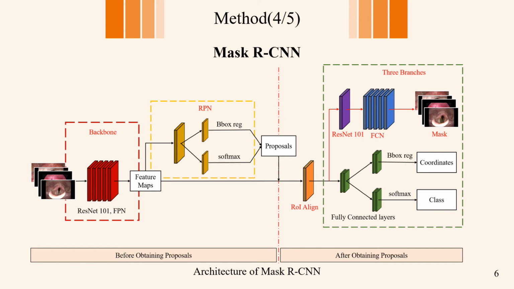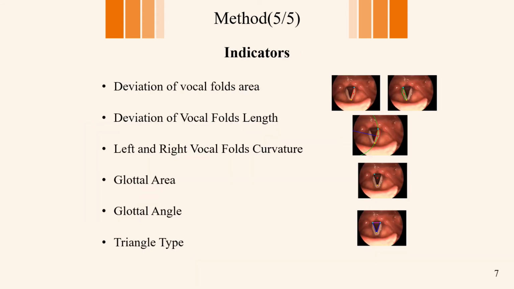In the next step, the proposals will go through the fully connected layer to perform classification and coordinate adjustment. Eventually, the MAX-RCNN model will output the object with its class and coordinates. As for segmenting and labeling vocal folds and glottal regions, it is required to use FCN and ResNet 101 to output the images of the segmented objects.